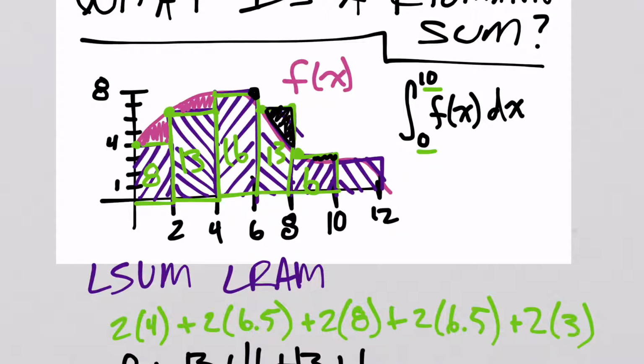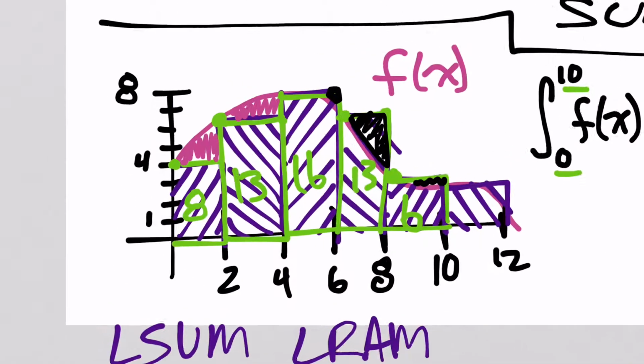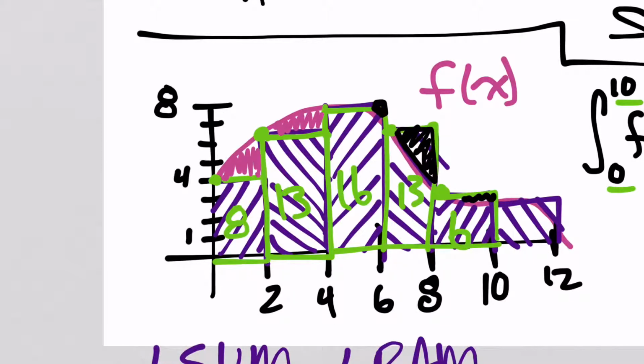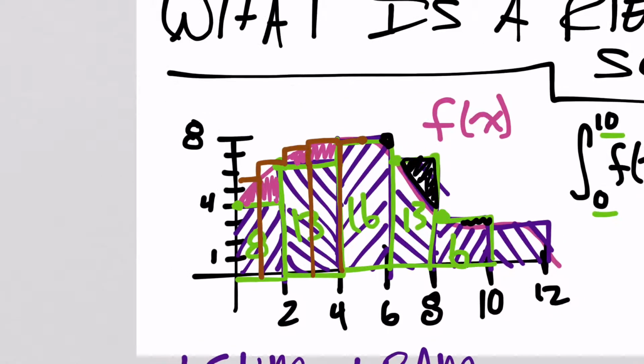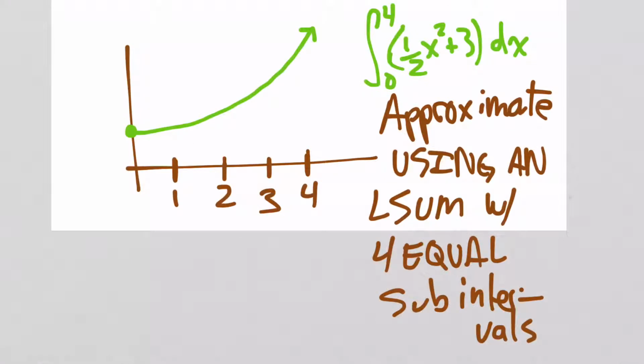You could do skinnier rectangles and you get a better approximation. So imagine I did 10 subintervals instead. Each rectangle would be half the size, but maybe that would give me a better approximation. It's hard to say, but typically the more rectangles you could do, the better an approximation it's going to be.